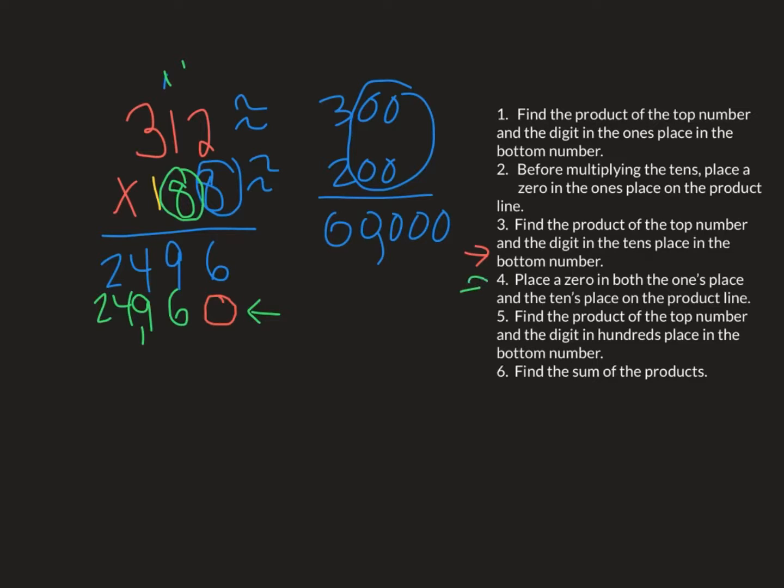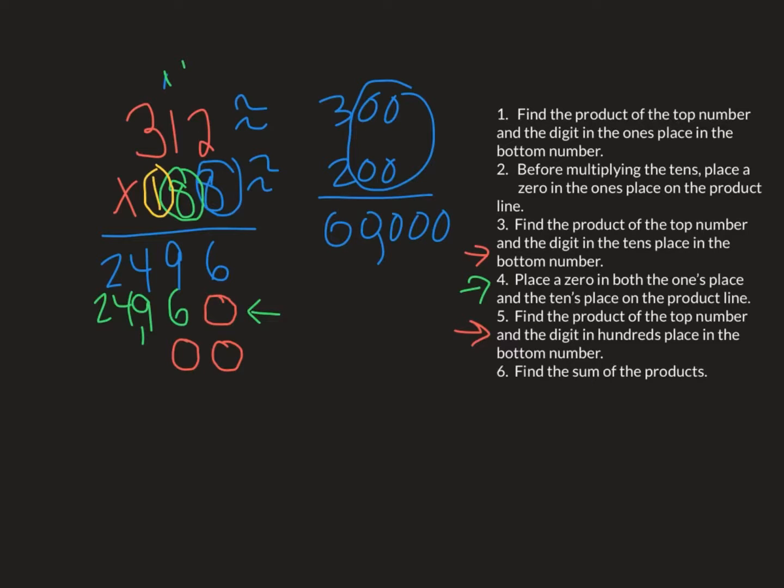Step 4 tells me place a 0 in both the ones place and the tens place on the product line. So here's my product line. I'm putting a 0 in the ones and a 0 in the tens. This is really important because in step 5, it says find the product of the top number and the digit in the hundreds place in the bottom number. So I'll be doing the top number, 312, times the bottom number, 1. But that number's not really 1 because it's in the hundreds column.